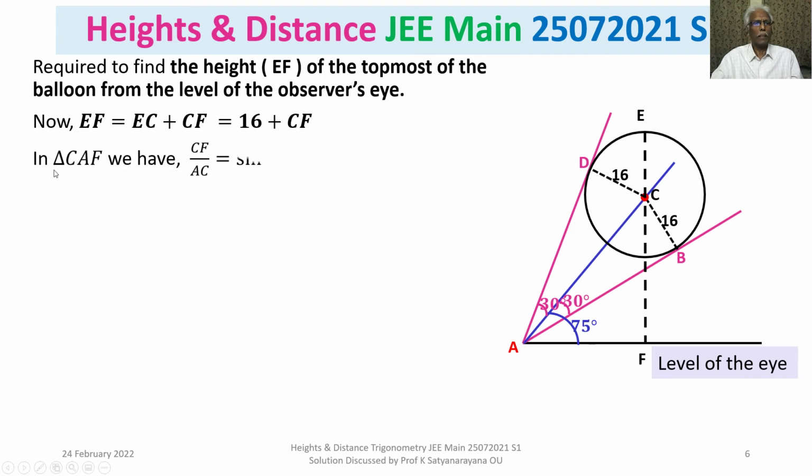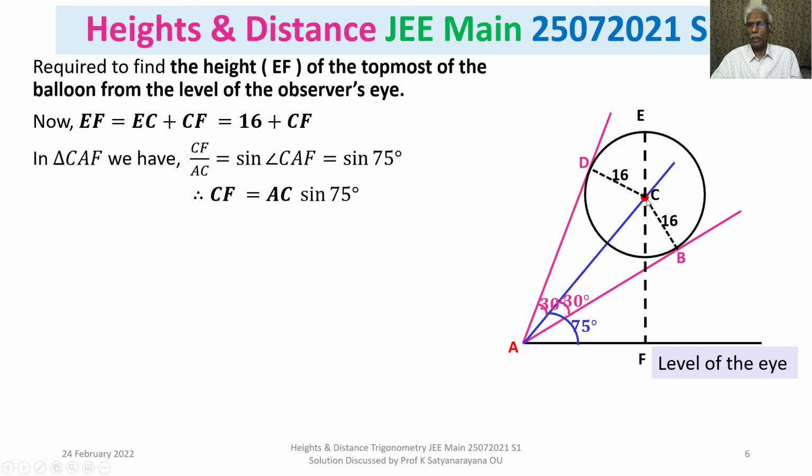From the right angled triangle CAF, we have CF by AC is the sine of the angle CAF, that is sine 75 degrees. That is, CF is equal to AC multiplied by sine 75 degrees. But what is AC? To get AC, consider the right angled triangle ACB.